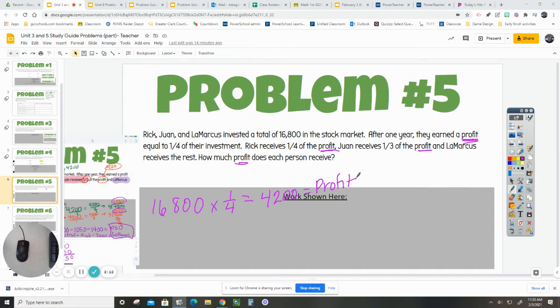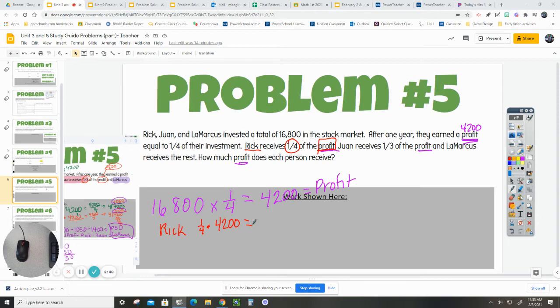So basically profit is 4,200. Now I start thinking about what kind of money they actually get to put in their pocket. So let's color coordinate. Rick earns 1/4 of the profit. So Rick is 1/4 of the 4,200.